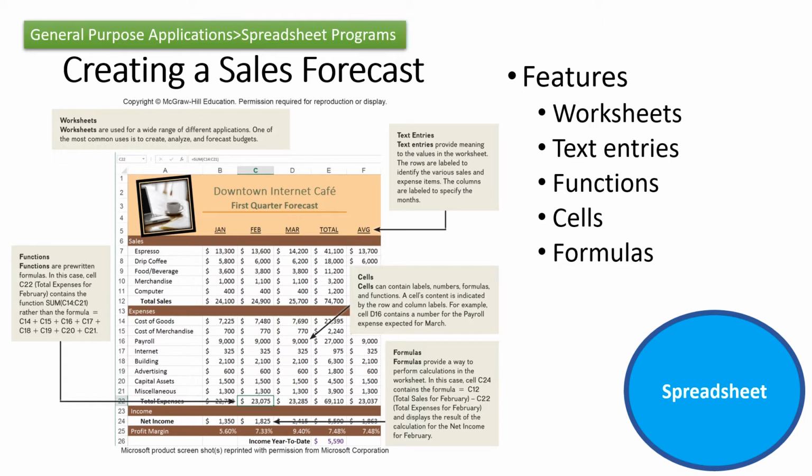The features of a spreadsheet program include worksheet, helaian kerja, text entries, functions, cells, formulas. For example, in the picture, you can list the sales, and then you can add them up. You can find the maximum, the minimum, the average, very easy and very fast.